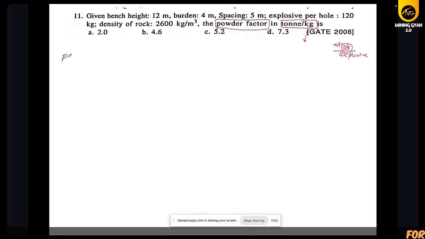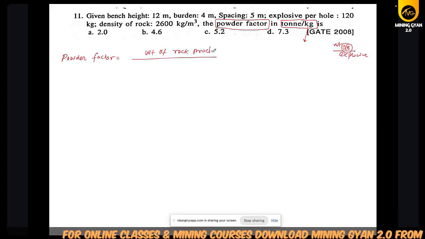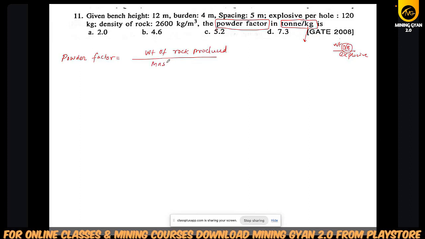So what is the formula of powder factor? Powder factor formula: weight of the rock produced divided by the mass of explosive used.